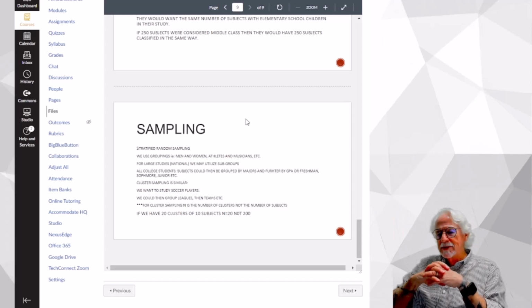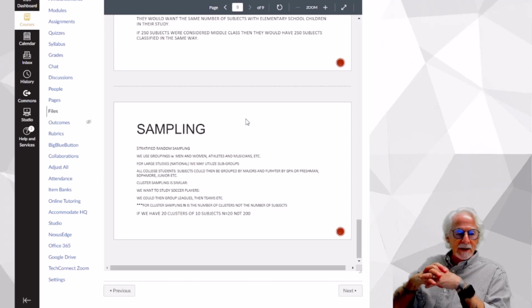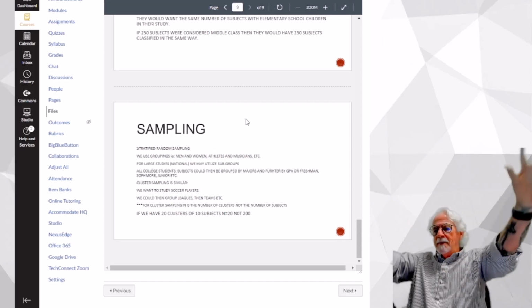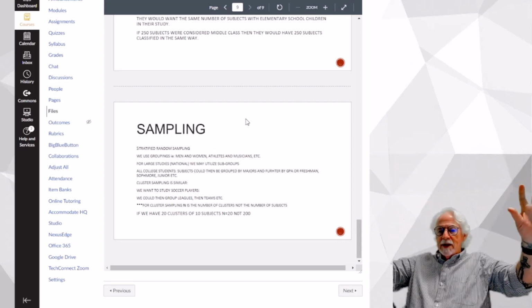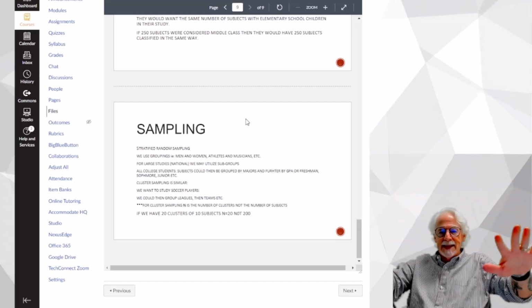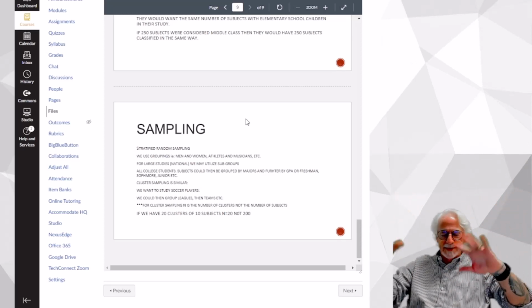The other thing we can do, which is very similar, is called cluster sampling. So I want to study all the soccer players in America, and what I would do is look at all the leagues first, and then I would pick out of those leagues. So say there's 1,000 leagues in the United States, and each league has 10 teams, and these are ideal situations, right?